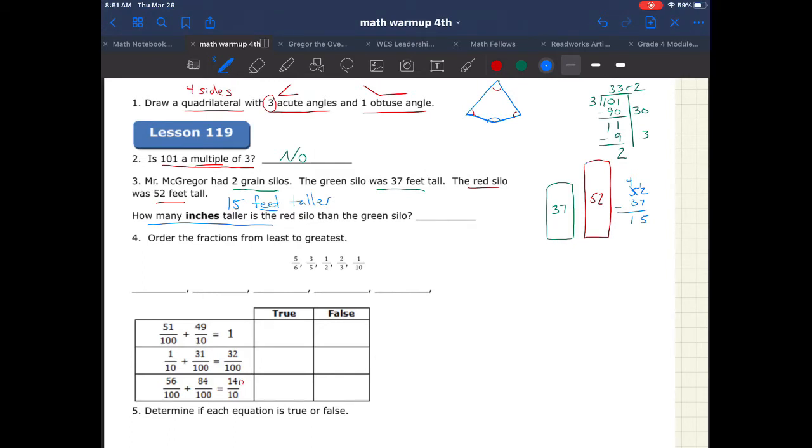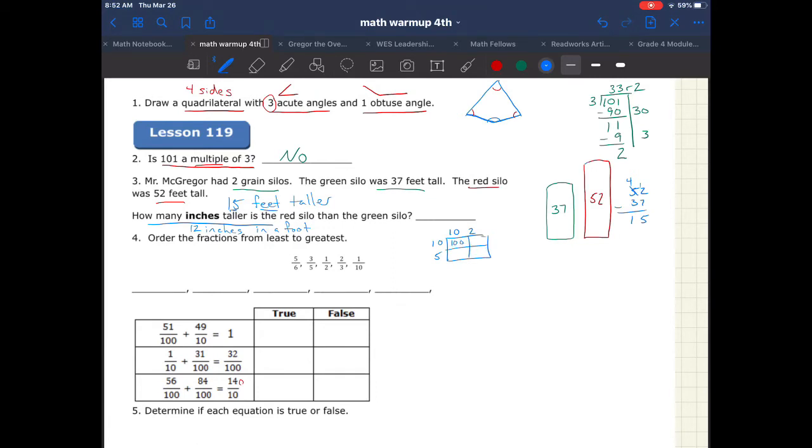So we have to recall that there are 12 inches in every foot. So if there are 12 inches per foot and there are 15 feet, we need to do 12 times 15, right? Let's see. We'll do 12 and 15.